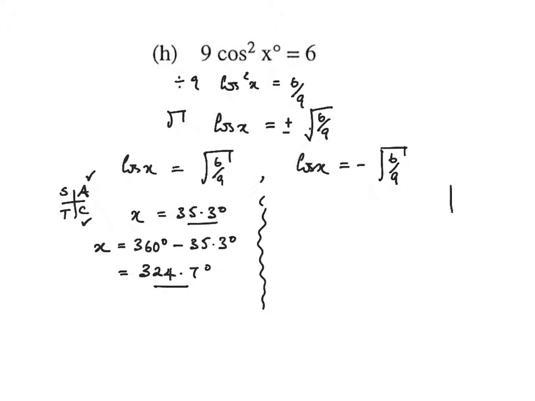Cast diagram here will have ticks in the other two quadrants because cos is negative, so cos is positive in A and C and negative in S and T. As for the last one, we already know the value of x, we've calculated it here. So it's 180 minus 35.3 degrees.